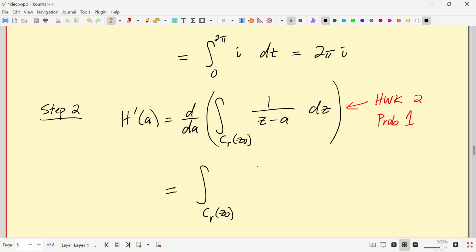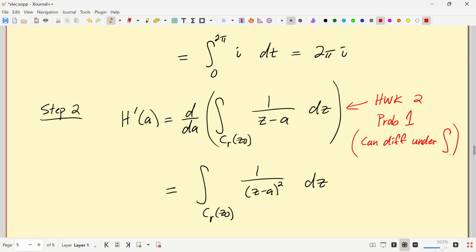And then I'd get 1 over z minus a squared, and another minus 1 would come out. So problem 1 says I can differentiate under the integral sign in the a variable.